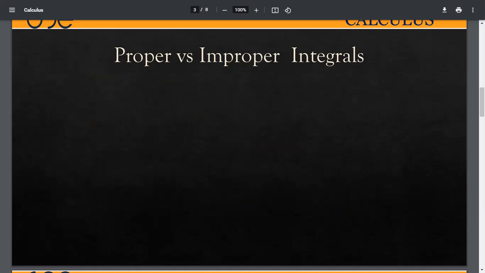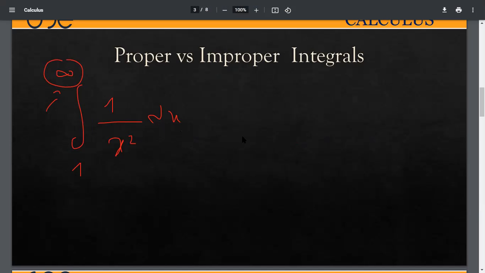However, improper integrals are integrals of the form, for example, from 1 to infinity of 1 over x squared dx. Here you see we have this infinity term. So this is an improper integral because the boundary I'm including here includes infinity, and infinity is not something I want to deal with constantly.